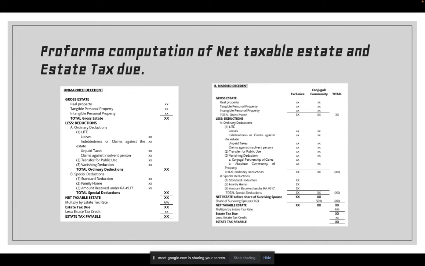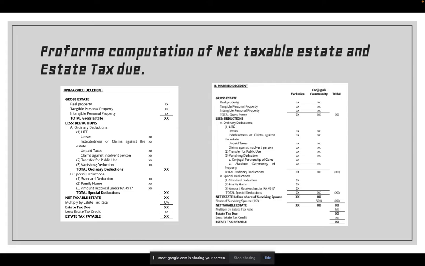Our recall of the property relations na pinag-usapan natin last time: si conjugal partnership of gains, si absolute community of property, at yung complete separation of property. So, merong ibig sabihin, merong difference kapag ang ating namatay ay married or unmarried.